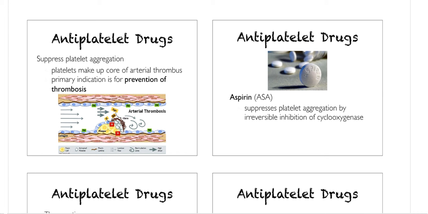That doesn't mean that it's permanent, because irreversible means that it's only going to last as long as that receptor lasts. Once that receptor and the irreversibly bound molecule attached to it dies, then the new receptor is not going to have any problems being open for activation.